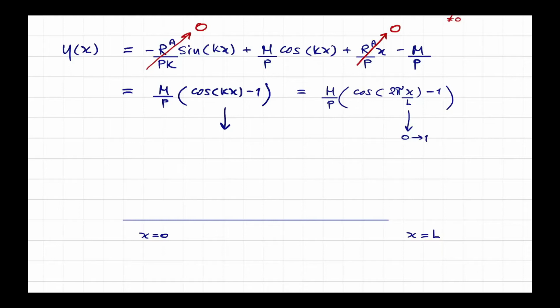That is going to happen when x over L is equal to 0.5. Alright? And then the value will come back again until the cosine gives 1. So 1 minus 1 equals 0. So let's plot it on Excel to see how this looks a little bit.